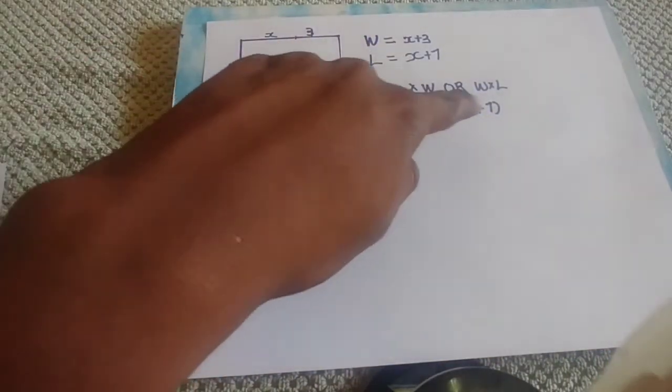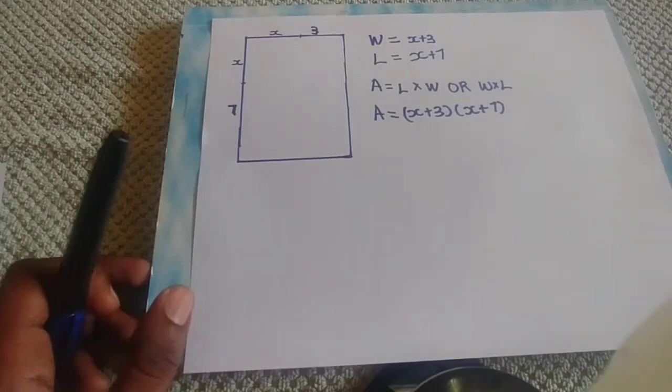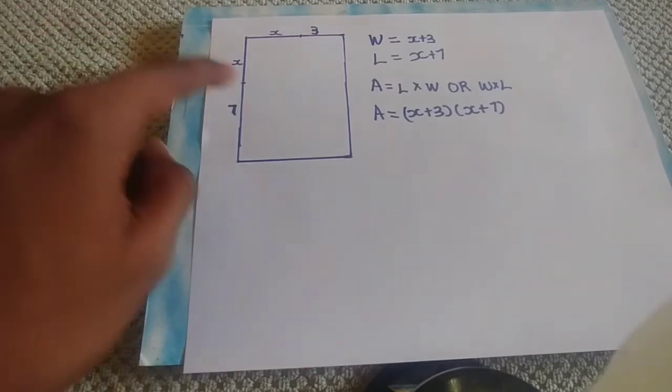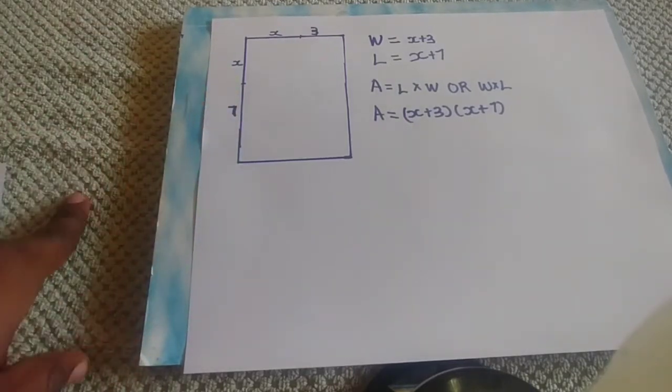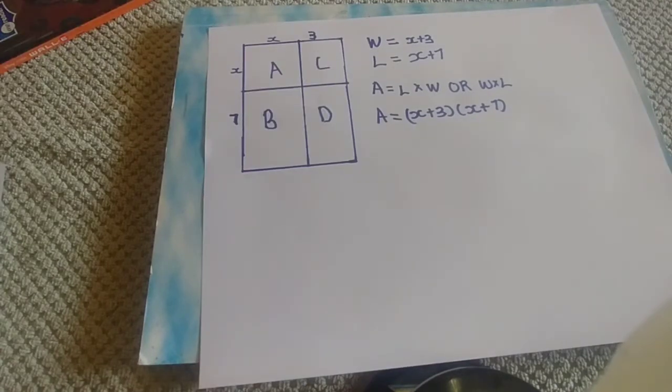Binomial expansion, right? Okay. Now let us expand this in a more creative and intuitive way. Let us say we divide this rectangle into 4 smaller pieces, 4 smaller rectangles, I should say. Okay, so we have separated our rectangle into 4 smaller pieces.